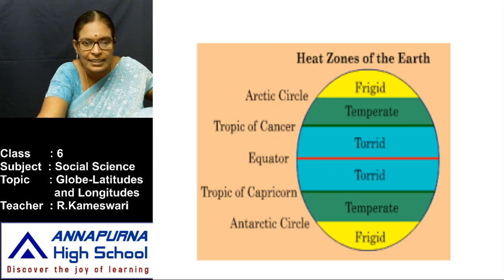Have you understood, children? Now I will give some homework to you. Note it down. You take some countries and write in which hemisphere they are located, and then in which heat zone those countries are located.